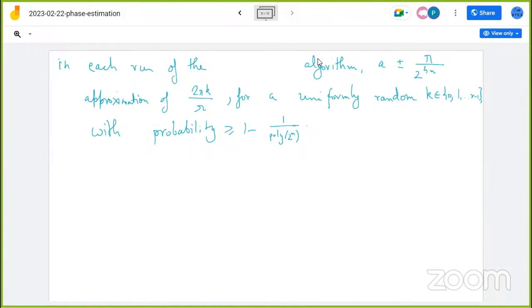So if I do it L times, the probability is 1 by p to the L. And there are at most log of these primes. So you can take a union bound over all the primes, summation of 1 over p to the L, which you can make as small as you want.